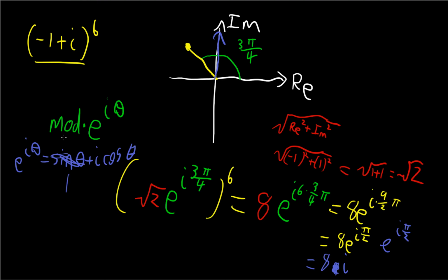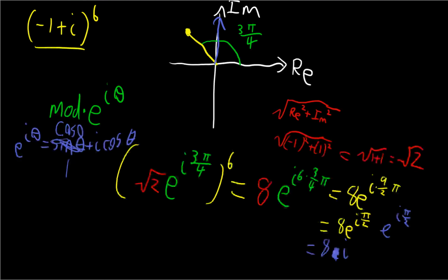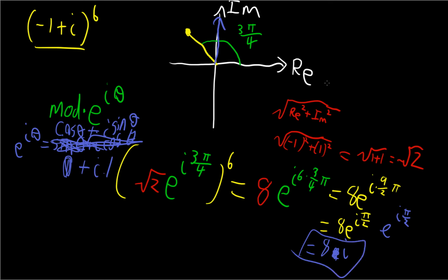Excuse me, it's been a few days since I've done this. The cosine's the real part. So cos of pi over 2 is 0, plus i times sine of pi over 2, which is 1. So e to the i pi over 2 is i. So your final answer is 8i, which we said it was in the first place.